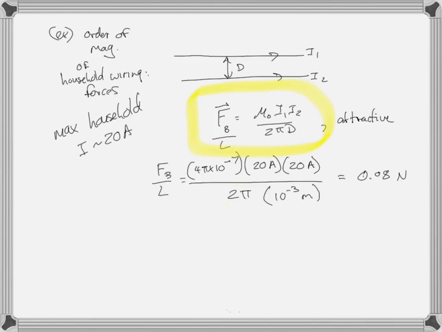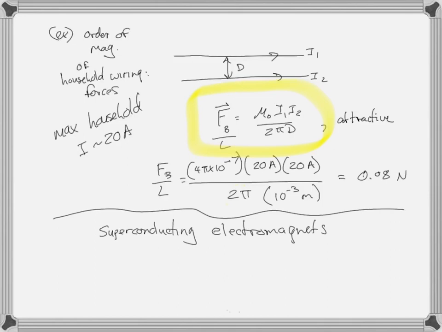But what's interesting is that this is something we have to take into account when we're talking about electromagnets, especially superconducting electromagnets. So this is just an aside. They create really large magnetic fields, and typically the only reason you want to do that, that I know of, is in experimental science, experimental physics, experimental engineering.